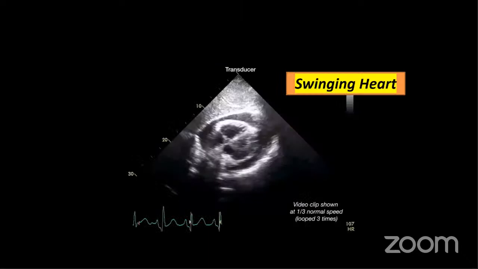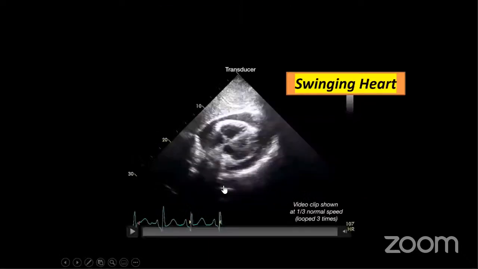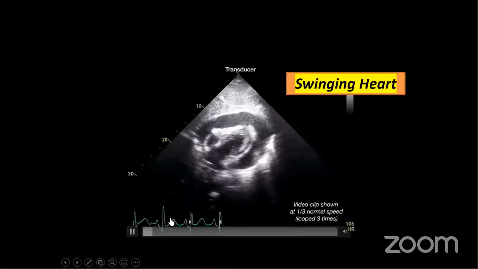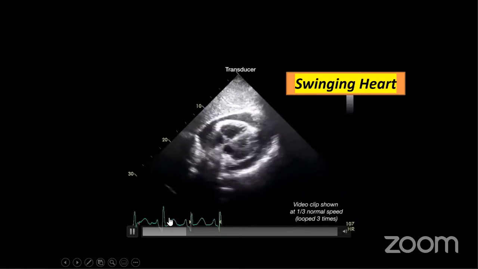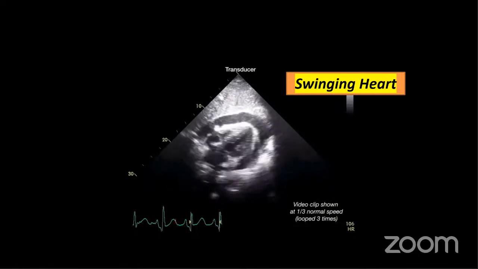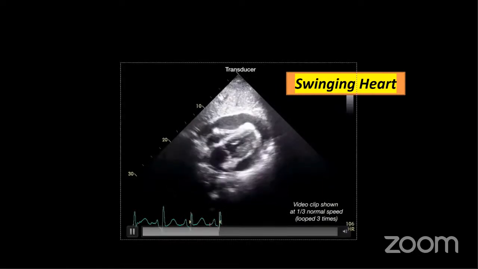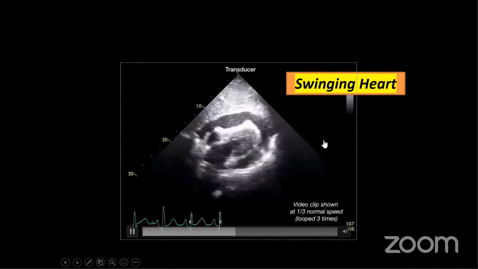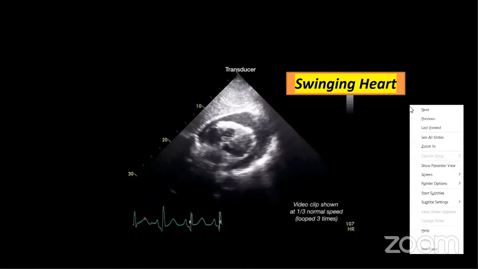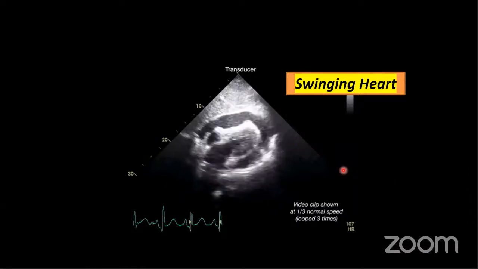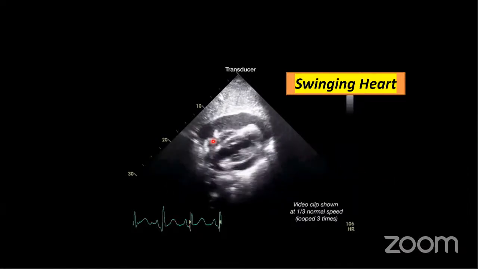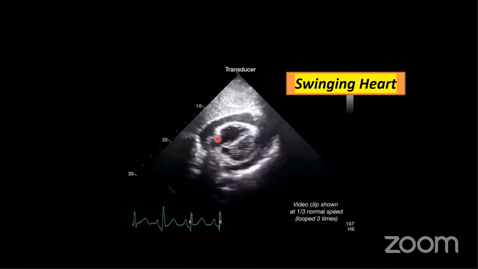So when you see such a fluid, what's going to happen? This is something that you're going to see. The heart is going to dance in this bag of fluid. Okay, so when you see this, I want you to appreciate one thing here.